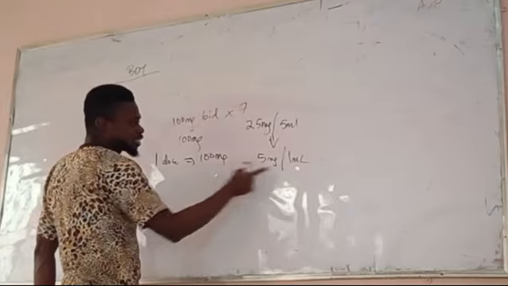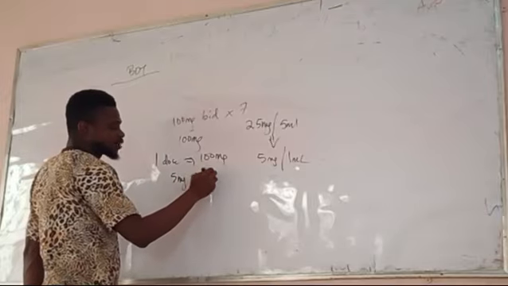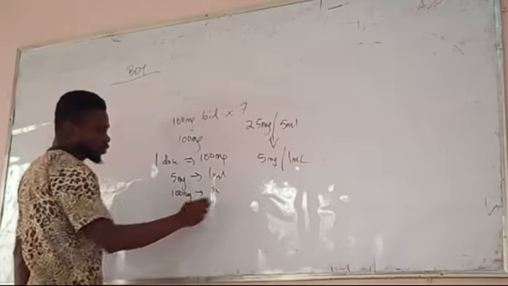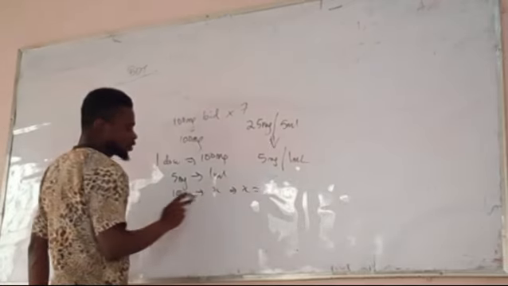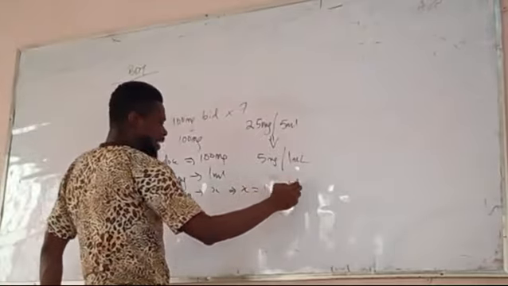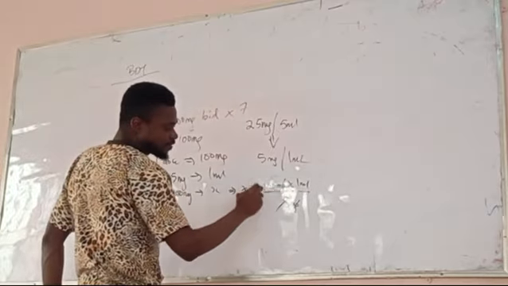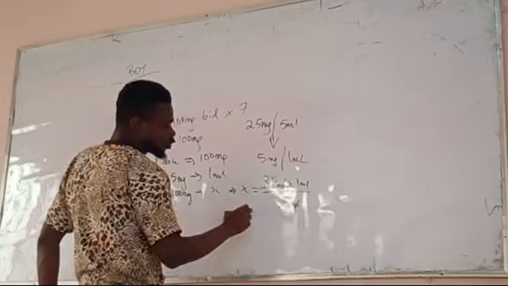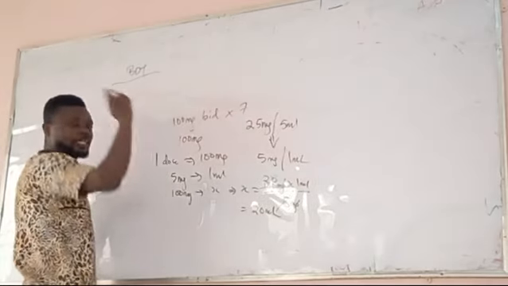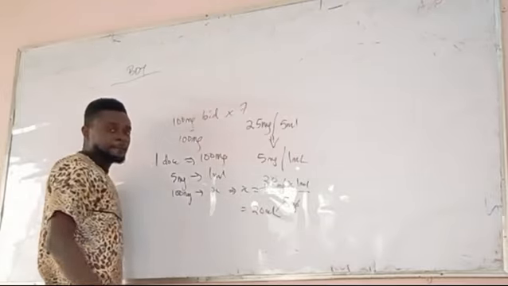If 5 mg is contained in 1 ml, 100 mg will be contained in X. Cross multiplying, X equals 100 mg times 1 ml over 5 mg. Milligram cancels milligram. 100 divided by 5 is 20. So 20 times 1 ml gives 20 ml. So a dose of this doxycycline is 20 ml.